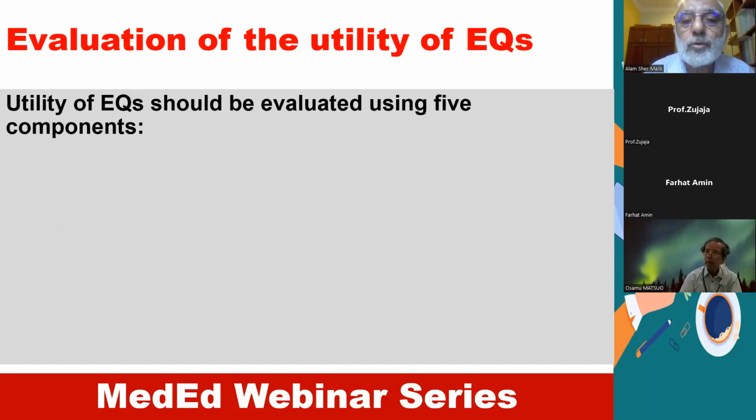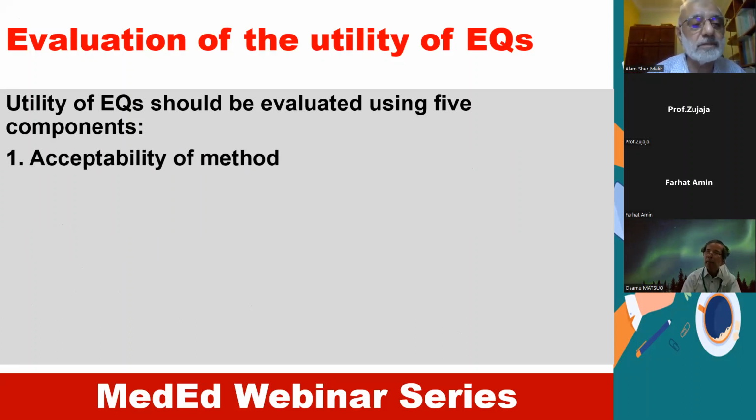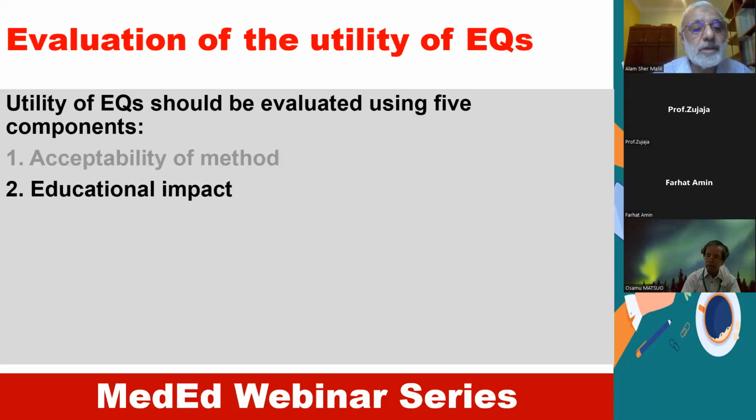So how to evaluate the utility of essay questions? There are 5 components which are used to assess the usefulness of essay questions. Acceptability of the method, whether that is acceptable to all stakeholders. Second, educational impact, whether this kind of assessment is for learning and how this assessment is going to impact the learning of the students.